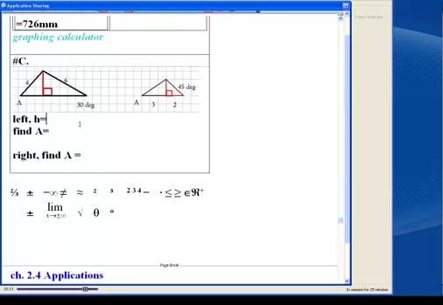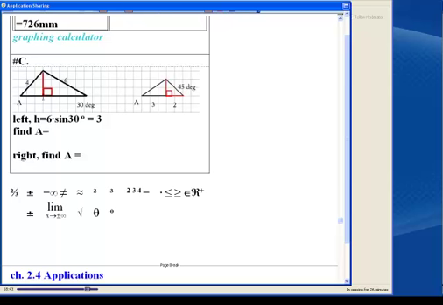H over 6 equals sine of 30 degrees, or 6 times sine of 30 degrees. And we can pretty much do it in our head. It's going to be 3, because sine of 30 degrees is 1/2, times 6, of course, is 3.